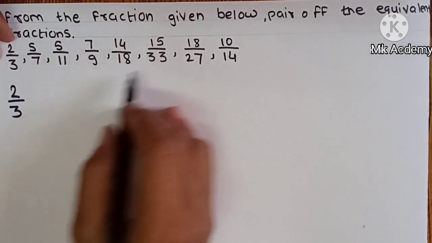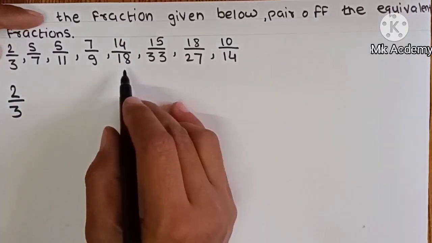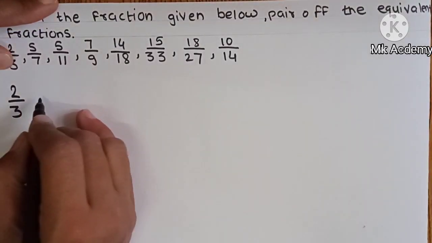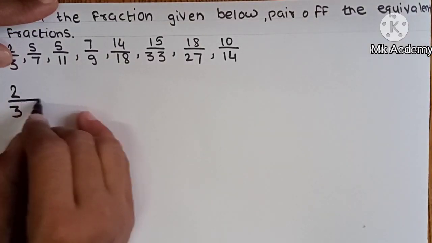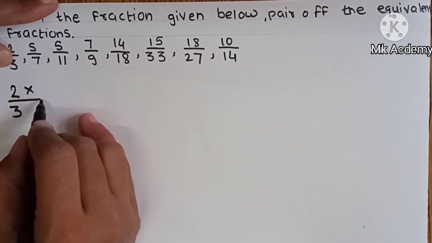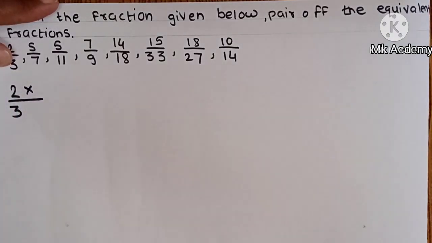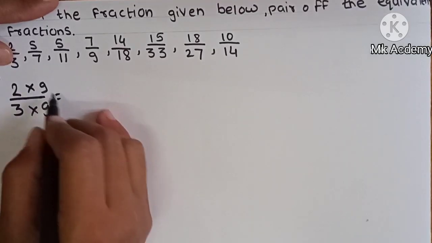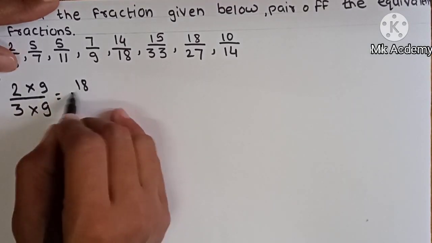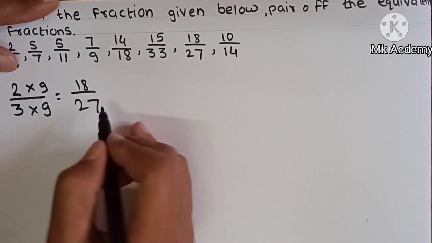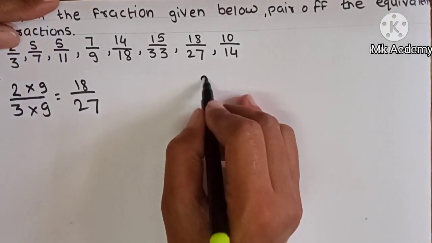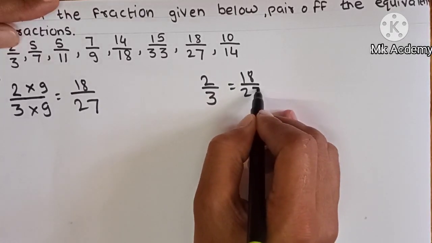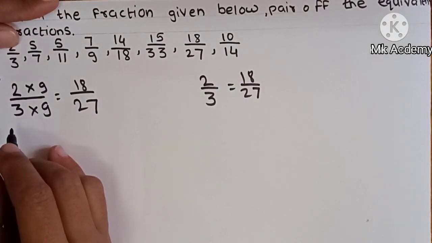Now if we multiply the denominator by 9 and the numerator also by 9, we get 9 2s are 18, 9 3s are 27, which means the equivalent fraction of 2 upon 3 is 18 upon 27.